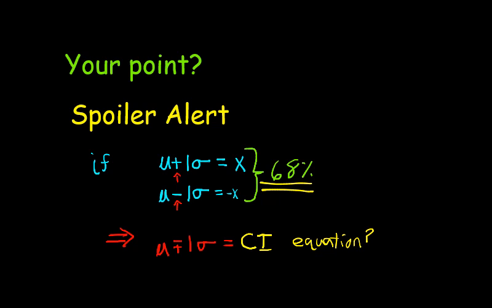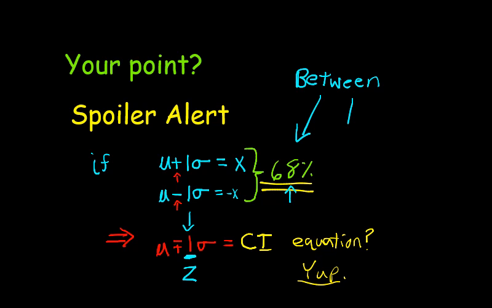Yes, this is a variation on a confidence interval equation. So if a teacher came up to you and said, hey, calculate a confidence interval based on one standard deviation or 68% of the data, well, you don't need to go through your methods of finding a z-score because you already know what it is. So anytime that they say between two values, usually revolves around some idea of a confidence interval, which, again, you covered way back in the beginning. Spoilers.